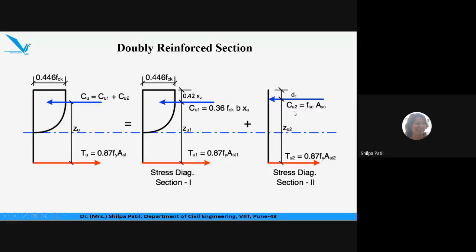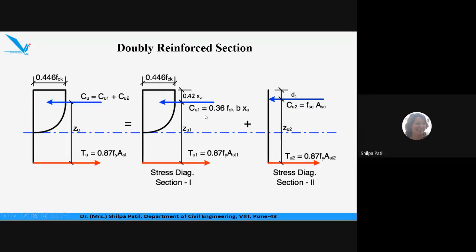This Cu2 will be balanced by Tu2, the force of tension developed by the tension steel. So the tension steel we need to divide into Ast1 and Ast2. Is it clear?